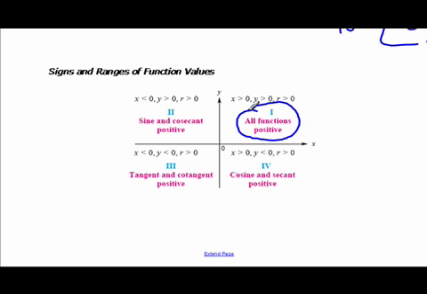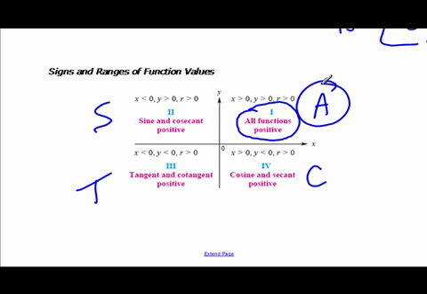I remembered it by putting an A as TEC and then all students take calculus. That's the clean version. Yeah, I taught trig last semester, and you can just imagine the sayings that I started hearing, which I don't want to repeat, but you come up with your own way of remembering that.